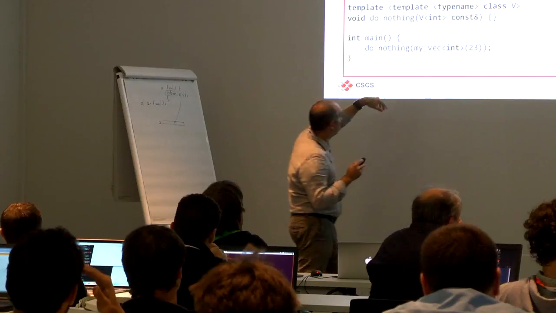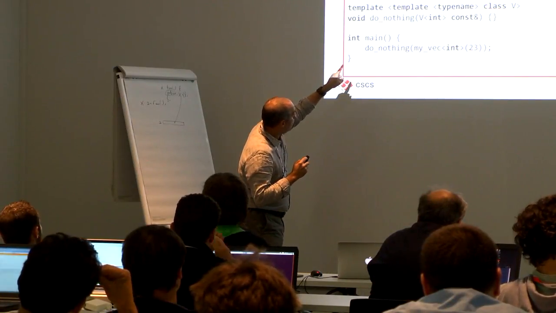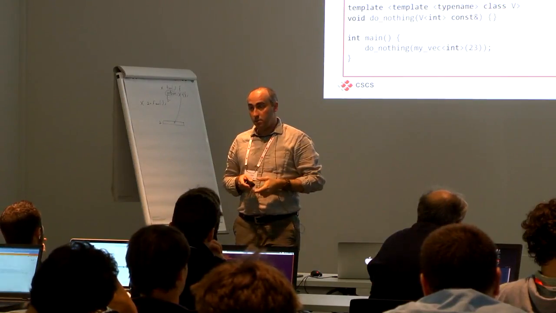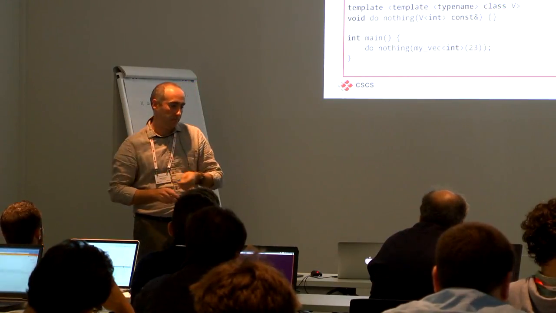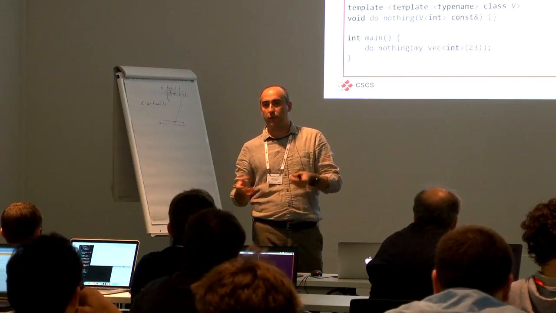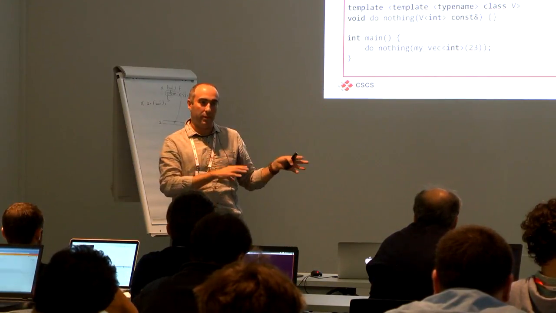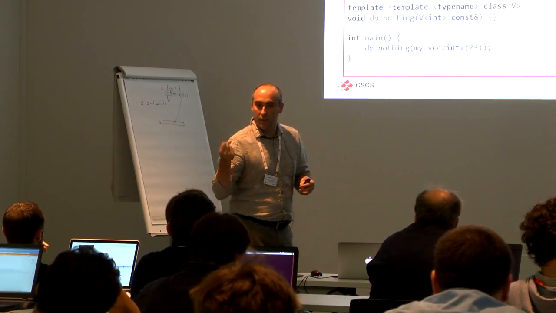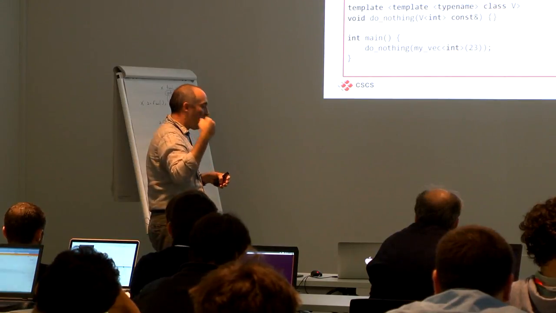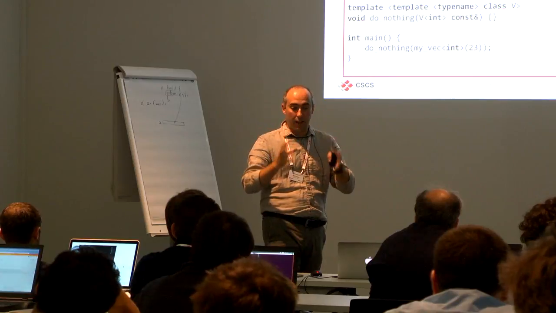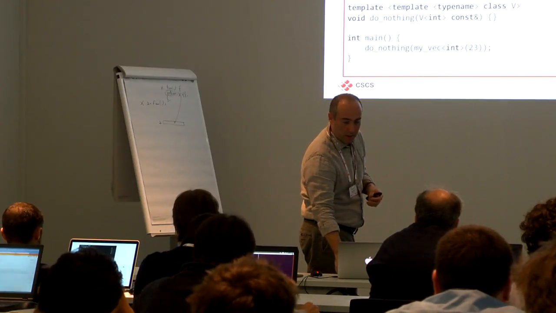And this matches a doNothing which takes a template with two arguments and not with one argument. So alias templates are very, very powerful. It allows you to do a lot of things, but you have to be careful that they are not new types. So if you really need a type which must be different from some other type, you need to declare a class and not do it with alias templates.